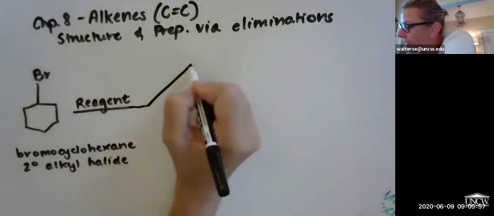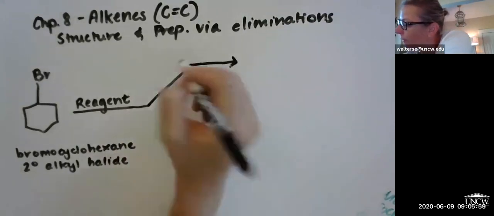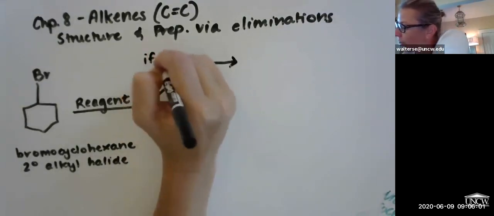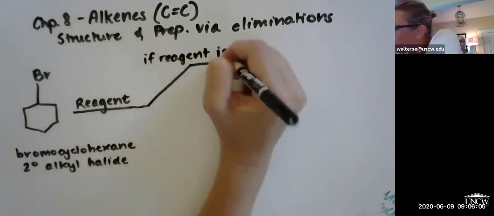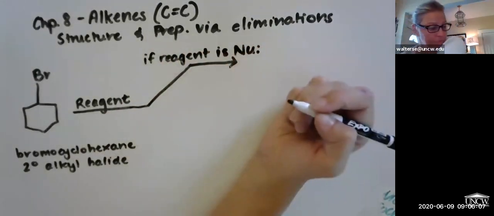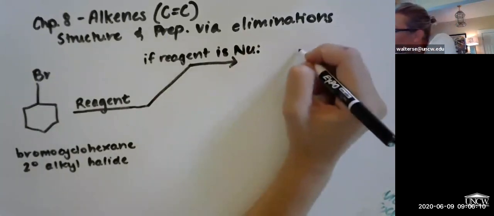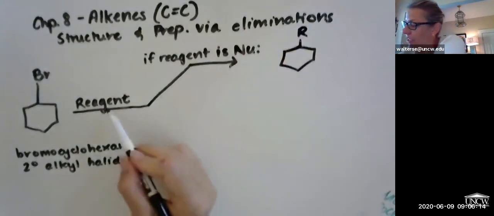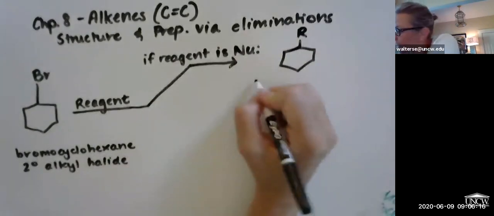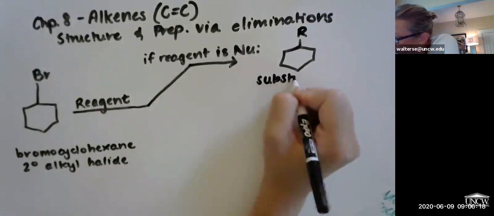And there's two things that can happen. If the reagent acts as a nucleophile, you're going to get, that R is reagent, you're going to get a substitution product.